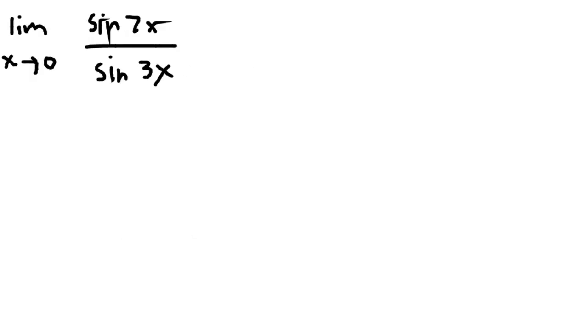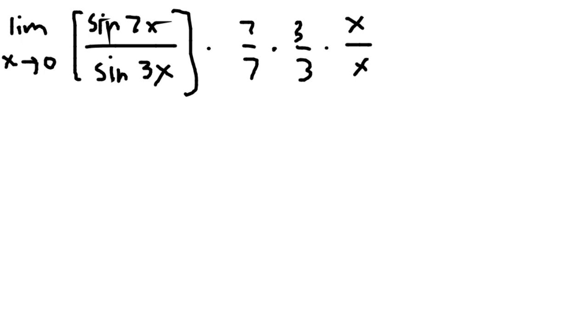So 1 times 2 over 5 is going to be 2 over 5. Now let's try this one. What's the limit of the function sine 7x over sine 3x as x approaches 0? How are we going to evaluate this if we have two functions on the numerator and denominator? What we're going to do is multiply this by 7 over 7, and 3 over 3, and x over x. What we can do here is replace the denominator of the first function with 7x, so they are going to be equal to 1.